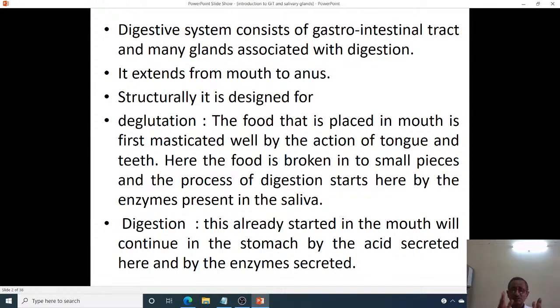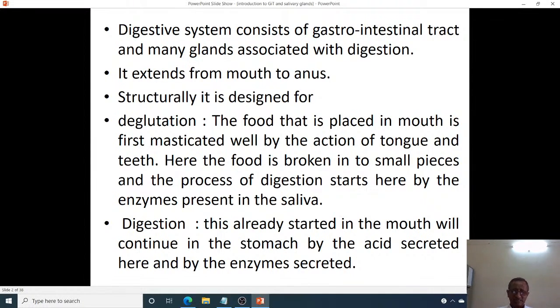And here, because we are adding saliva to this food, the digestion is started by the enzymes that are present in saliva. So the enzymes present in the saliva act on certain parts of our food, and thus the digestion has started.